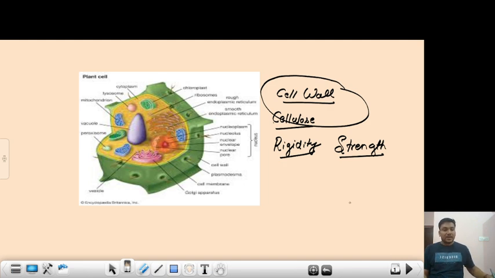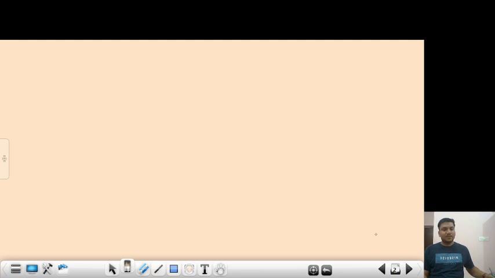Secondly, the second important difference is the presence of plastids.